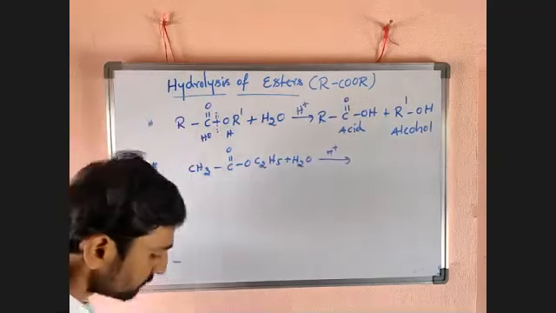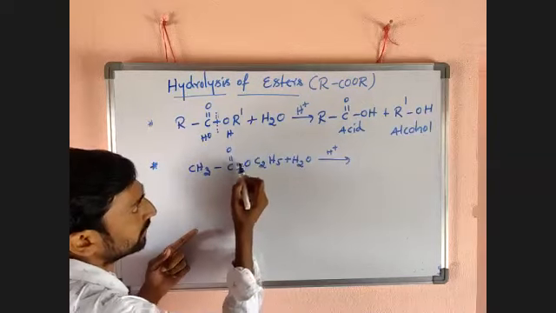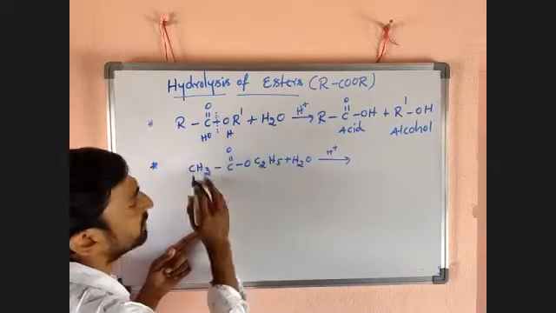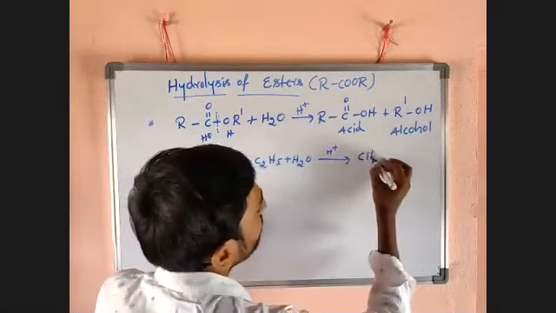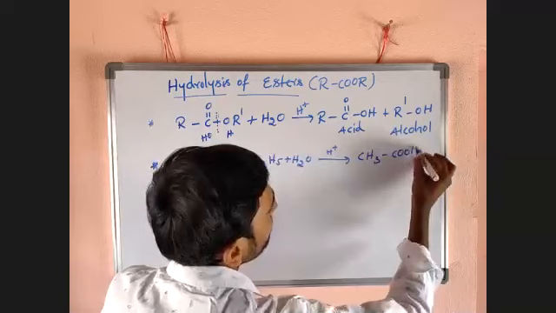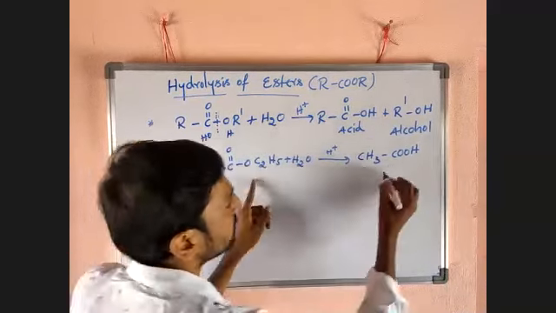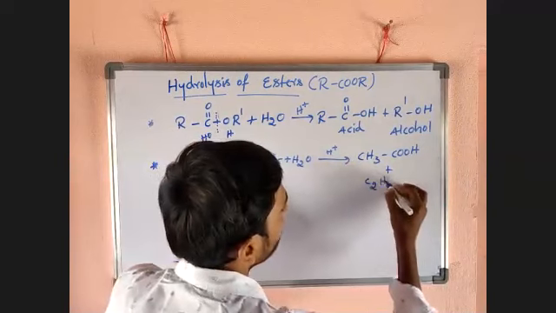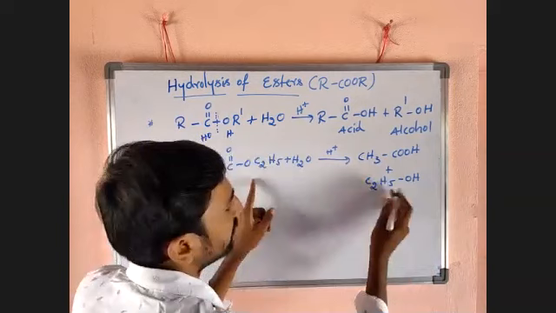Add OH this side, H this side. This will convert into CH3COOH, and the remaining one is C2H5OH. It is an alcohol and it is an acid.